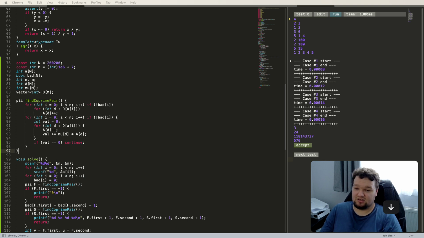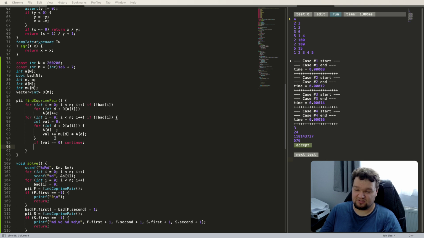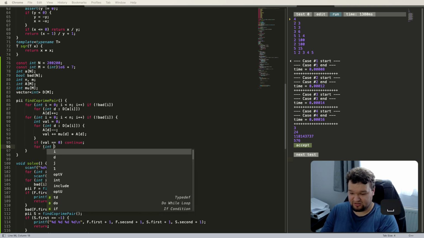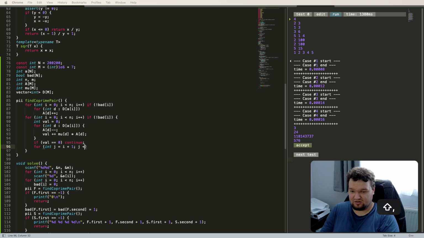Otherwise, we have found the element with non-zero k-prime elements on the suffix. So we will just run through them and find the first one that is good. But first we need to clear A by removing all the elements that are left.